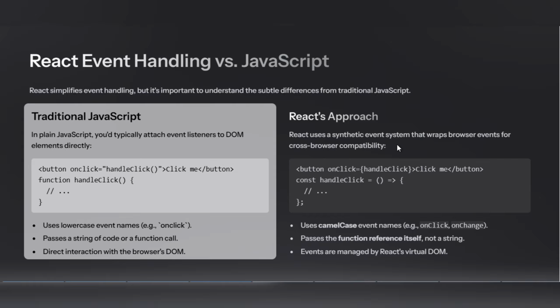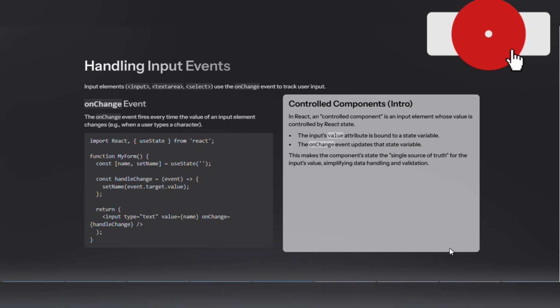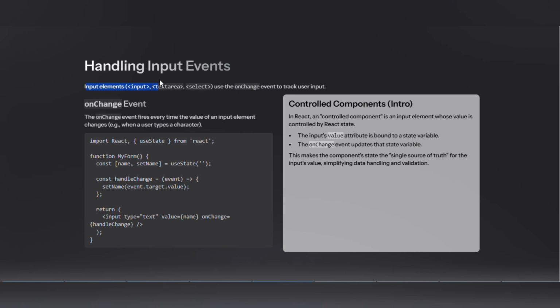What this means is React wraps browser events for consistency. Events work the same across all browsers. A key difference is event names are camelCase, like onClick, and we pass a function reference, not a string. React manages everything through the virtual DOM. This makes event handling cleaner and safer.